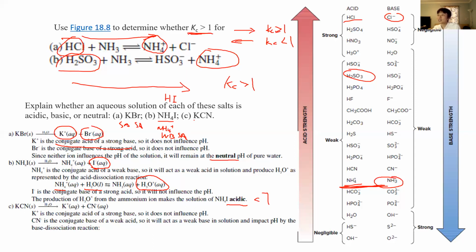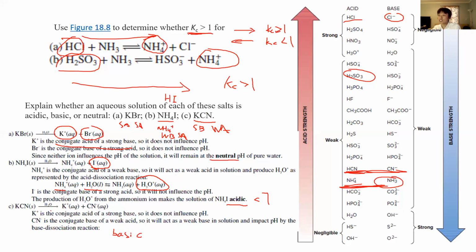And when we have a compound with the conjugate acid of a strong base, potassium, but the conjugate base of a weak acid, cyanide, the solution becomes basic.